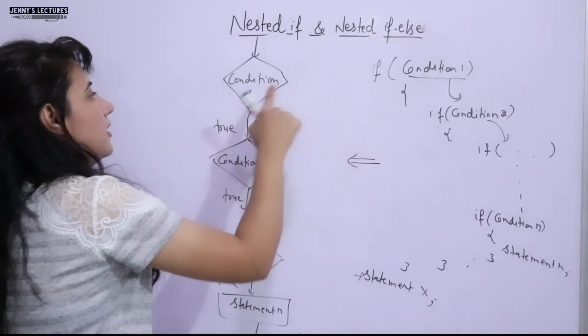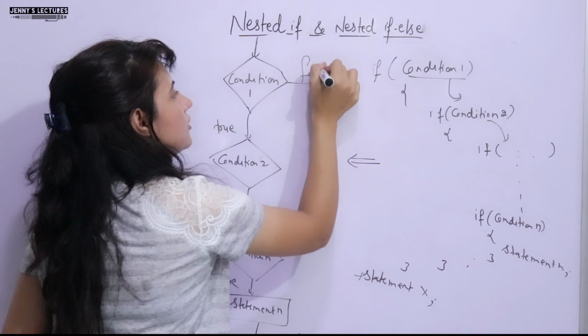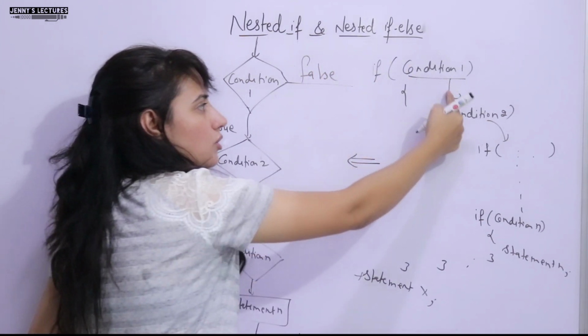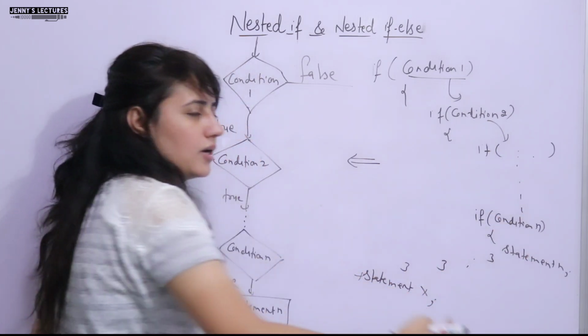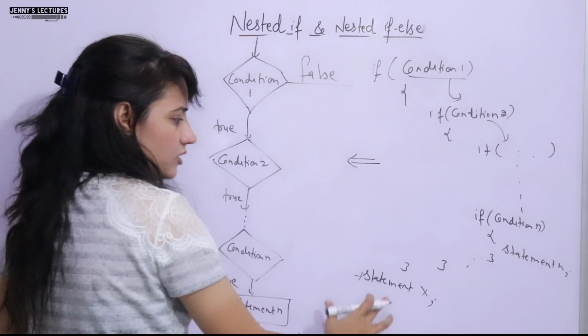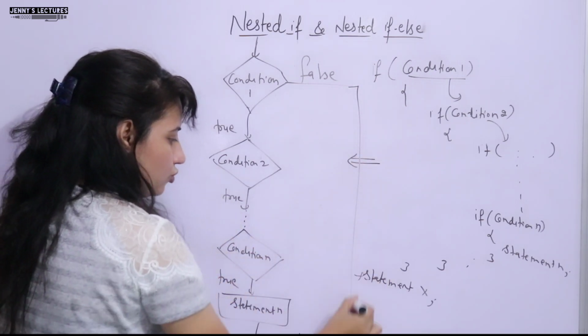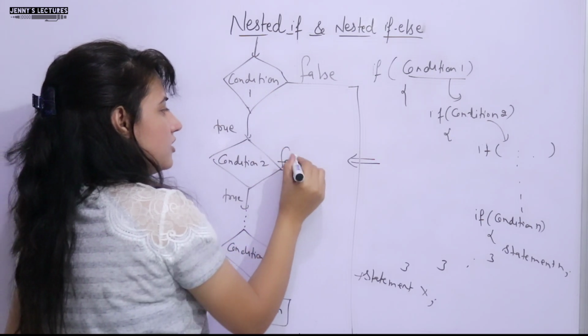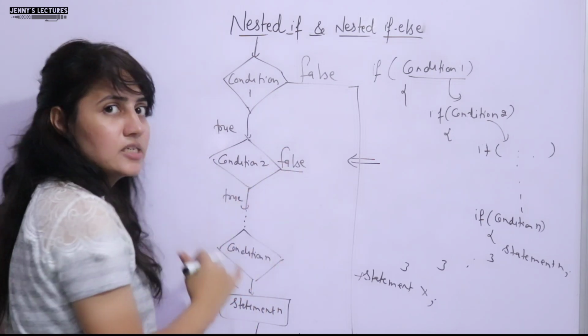But the second case is if the first condition is false. If this condition is false, definitely these inner if conditions will not be checked, and this will not be executed. Directly control will go out to statement x. If the condition is true, the next condition would be checked.